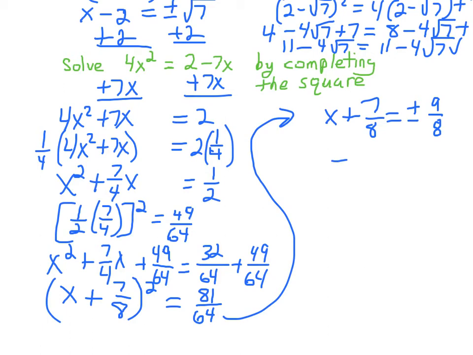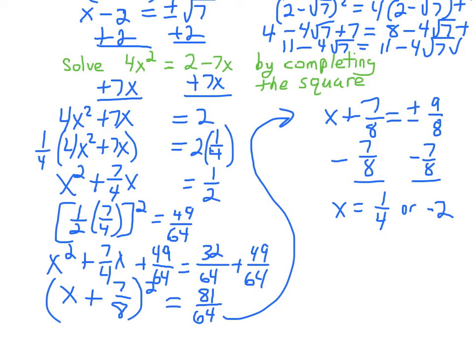So then I'm going to subtract 7/8 from both sides, and I'll get x equals, so that's 9 minus 7/8 would be 9 minus 7, that would be 2/8, or 1/4, or and then I've got -9 minus 7, or -2.